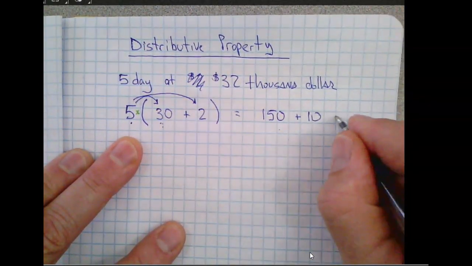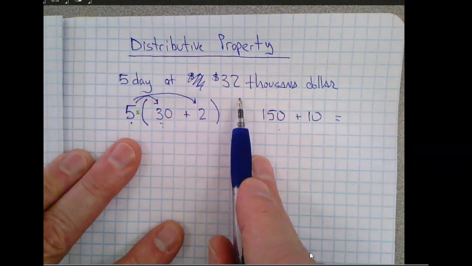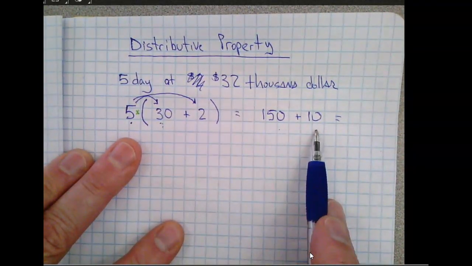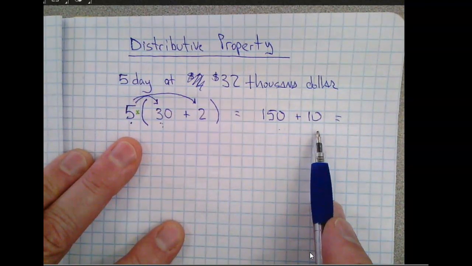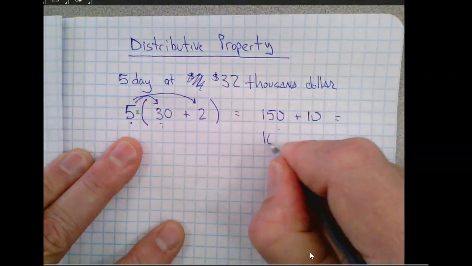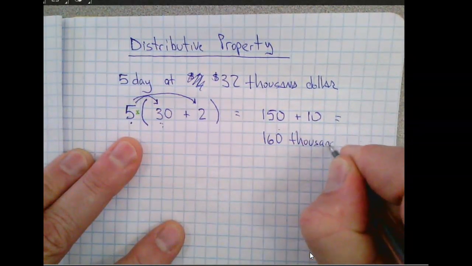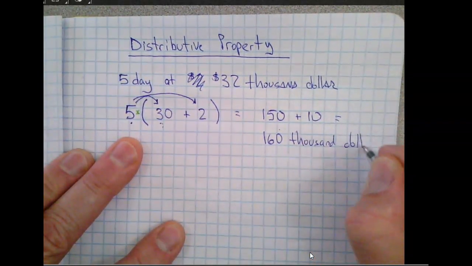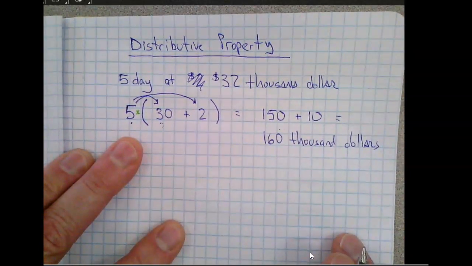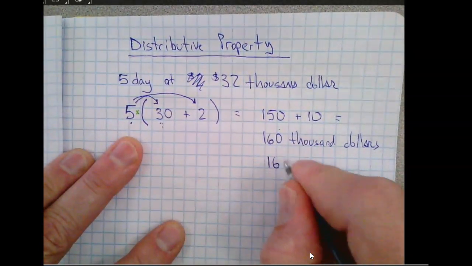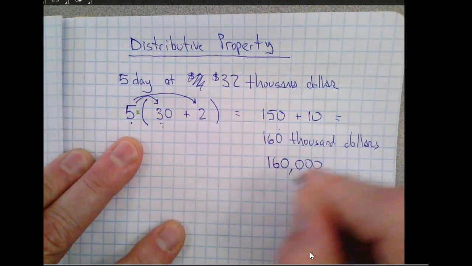And that's why he says, oh, well, that's easy looking at this, right? He goes, that's just $160,000. So the answer is $160,000. And the real answer is this, $160,000.